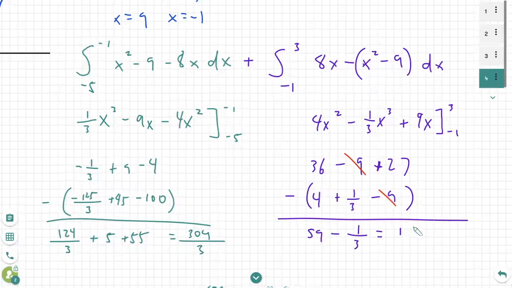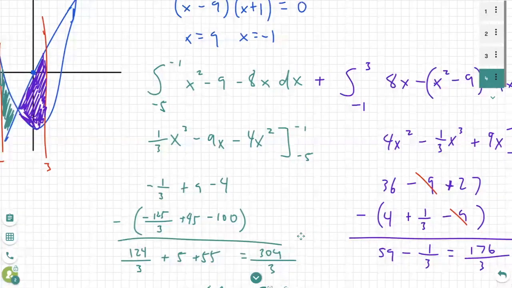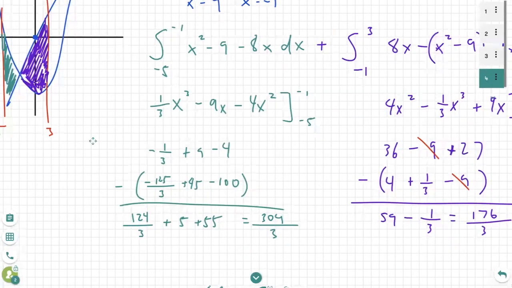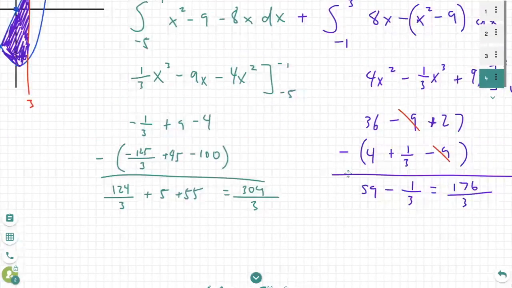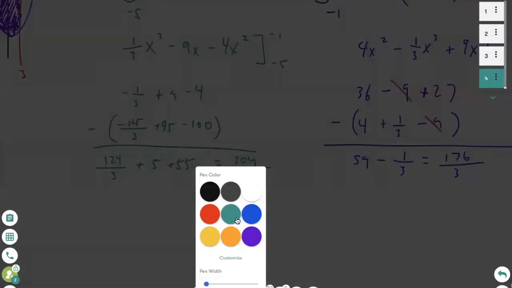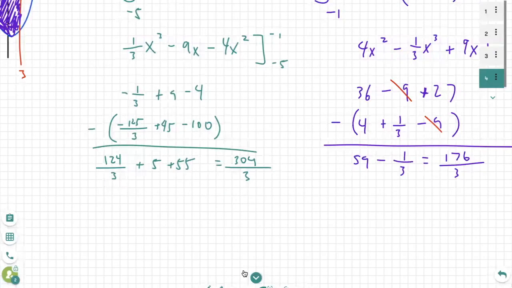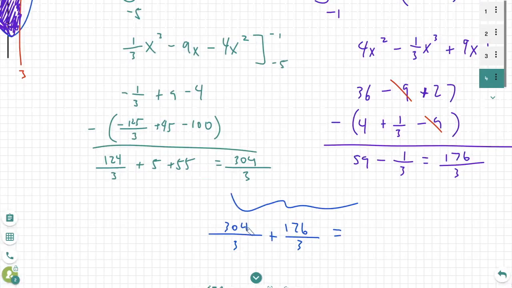Yeah. And then do you add or subtract those last two numbers? You add them, because you're combining the areas, right? So I got 160. 304 plus 176, I think that works out nicely. It's 480 over 3, which is 160.